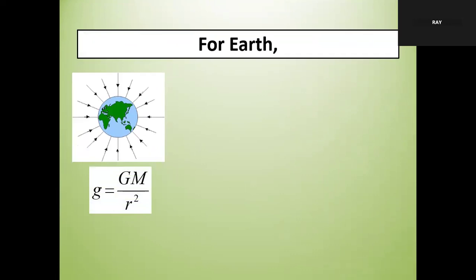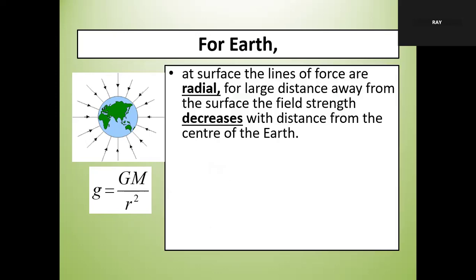For the Earth, all these lines are gravity lines of force pointing towards the center, same as electric field. We are using the same idea as electric field. At the surface, the lines are radial. That means all following the radius towards the center of the Earth.